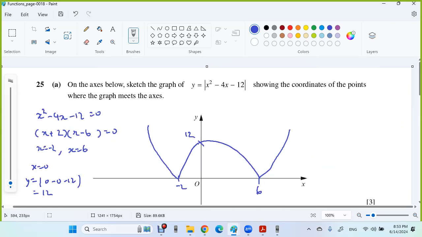So this one is the maximum point here. The graph that I drew is slightly wrong, so we will have something like this. So we have (2, 16) here.